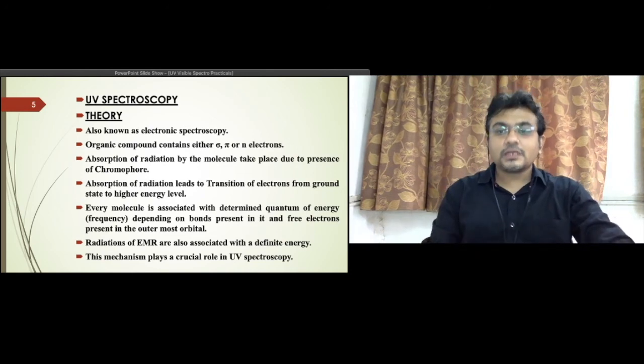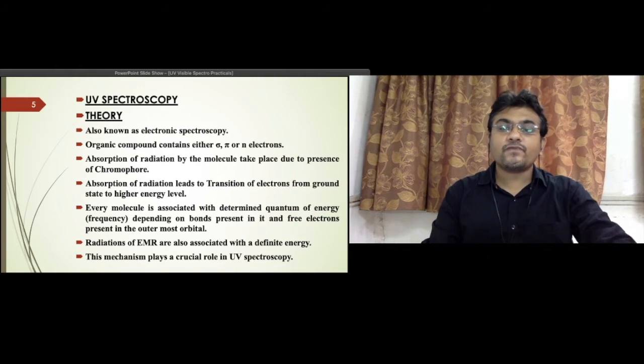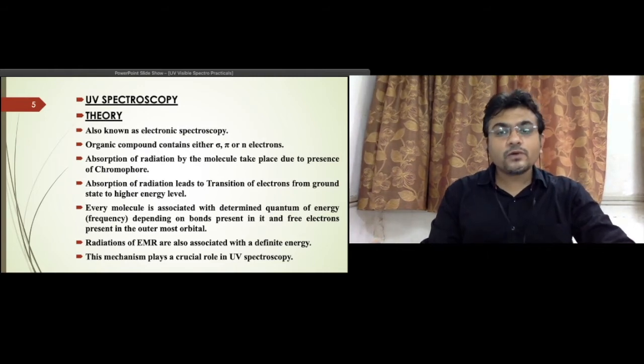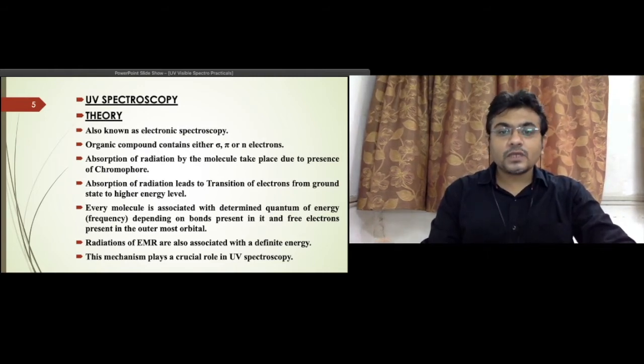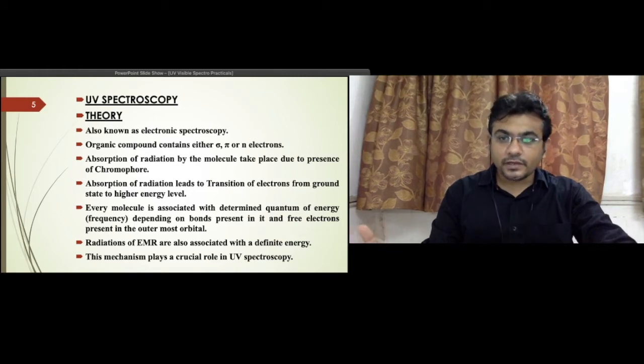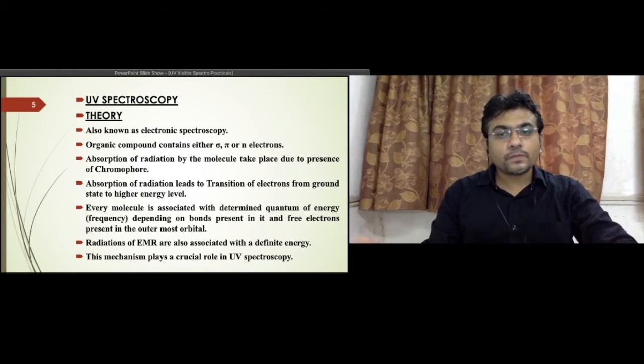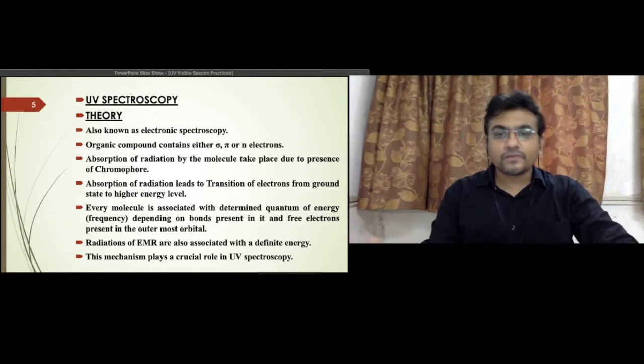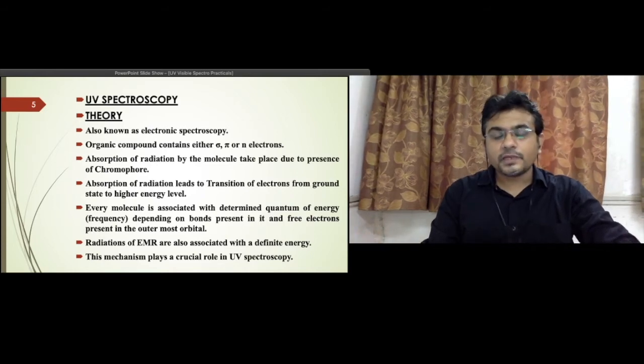Absorption of the radiation by a particular molecule takes place because of the presence of a chromophore in the compound. If a chromophore is present in the compound, then only the absorption of the radiation will take place. If a chromophore is not present, then absorption will not take place.